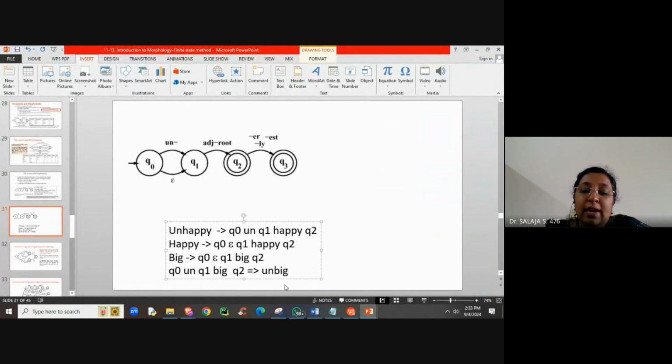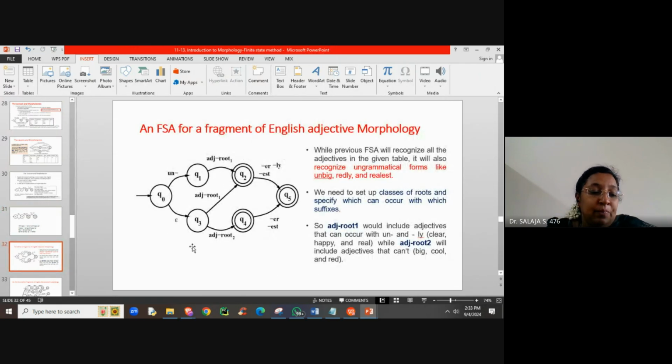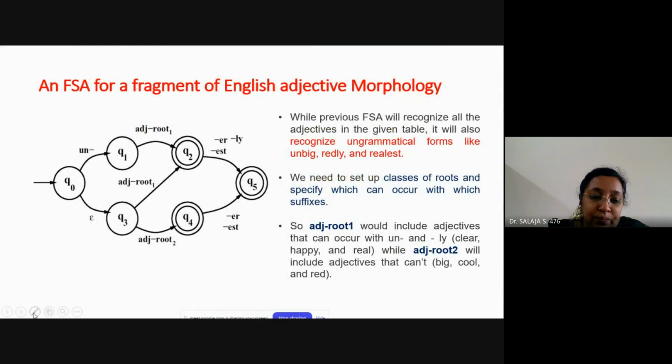Okay, the keyword unbig is not allowed, but my transition, my diagram, or the finite state machine allows a word which is not in the vocabulary. And therefore, now I divide them into two different roots. A root where a prefix can be added, and a root where a prefix cannot be added. So in this case, how does it work out? You take Q naught.